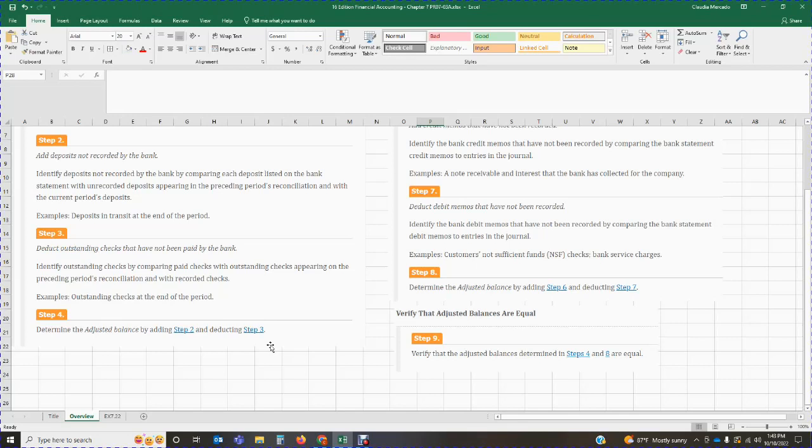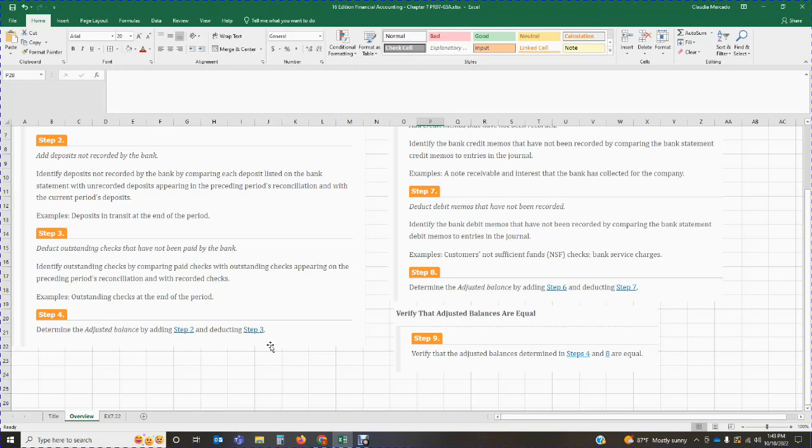A lot of transactions are being done electronically now, but there are some companies that still process a lot of check transactions. So if the company that you work for processes checks, this is going to be a task where you have to figure out which checks have been issued and which have cleared, so which ones have not cleared, because I need to carry those on to the next month on my bank section of my reconciliation.